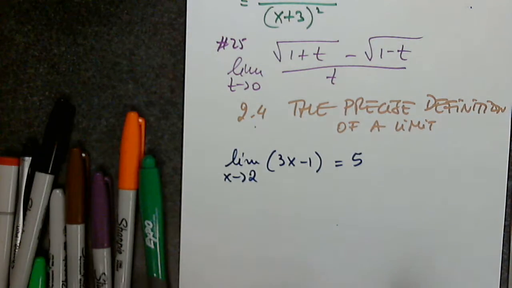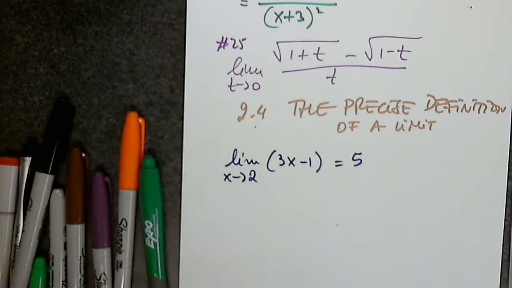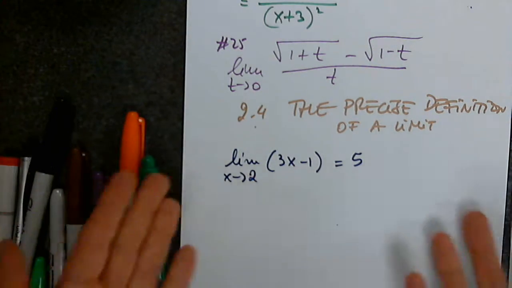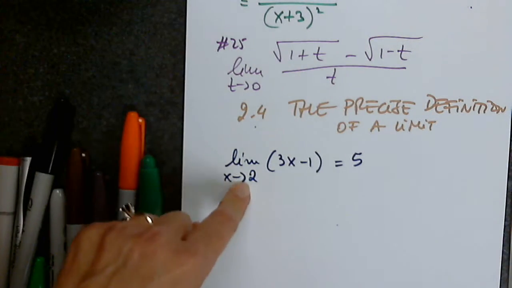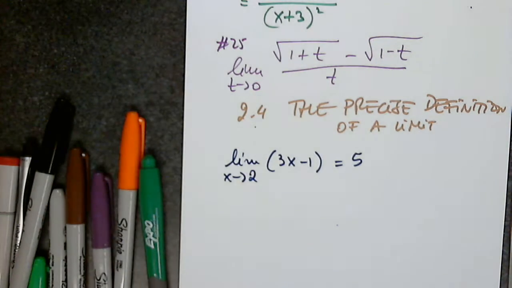If I'm given something like this, I can determine the limit by plugging it in, right? I'm plugging in 2 times 3 is 6, minus 1 is 5. So for this function, and for rational functions, as long as this number is in the domain of the rational function, I can say the limit can be determined by plugging it in.